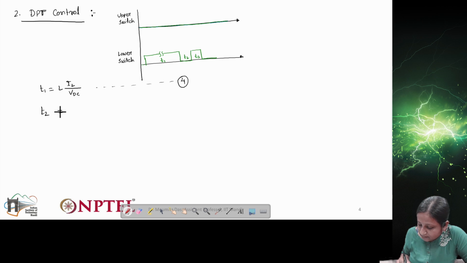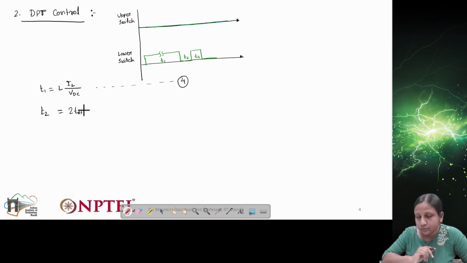So T2 depends upon the dead time, which can be represented as T dt. Dead time means that when the switch is turning off, some time is required, and when the switch is turning on, some time is also required before that.